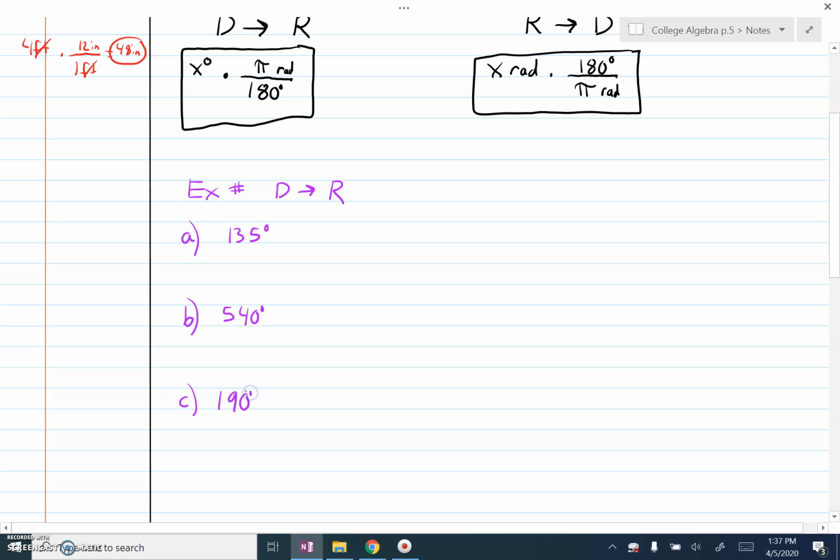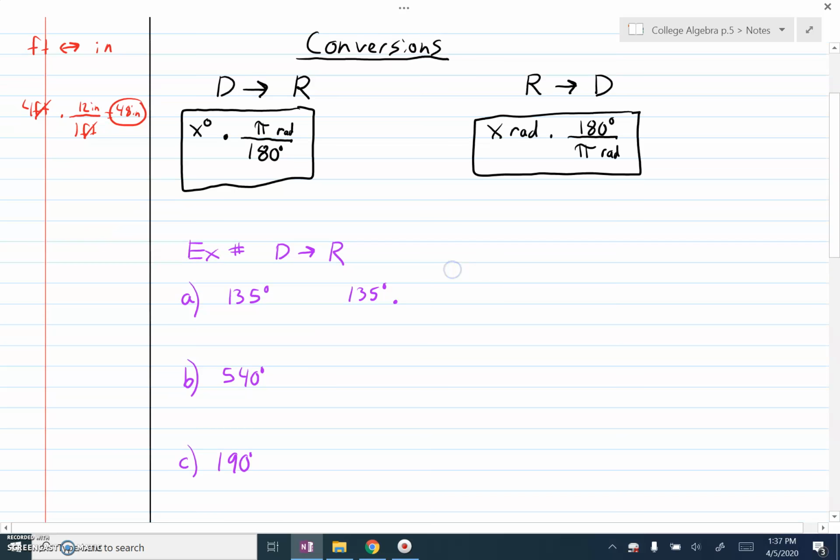So we're going to do 3 different ones. I'm starting with degrees and going to radians. So all you do is take 135 degrees and multiply it by the conversion factor. Because we're starting with degrees, I'm going to look at this one here. Because I'm starting with degrees going to radians, I multiply by pi radians over 180. So the degrees would cancel, and you multiply straight across.